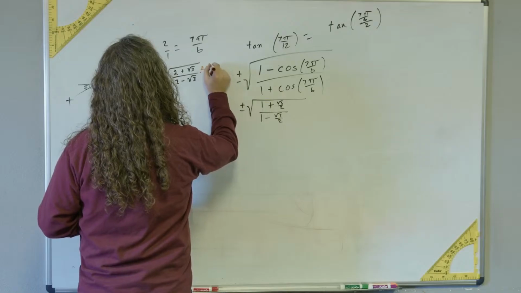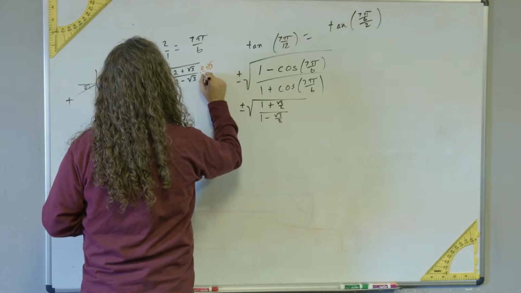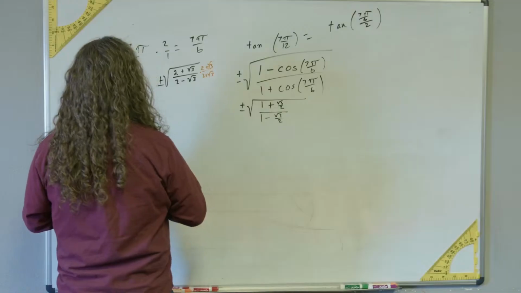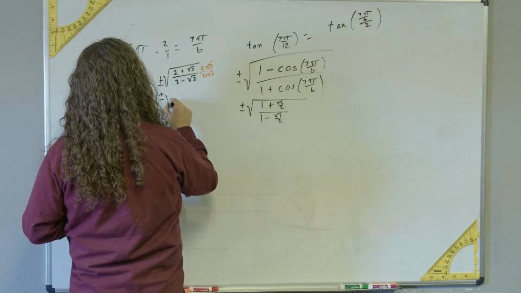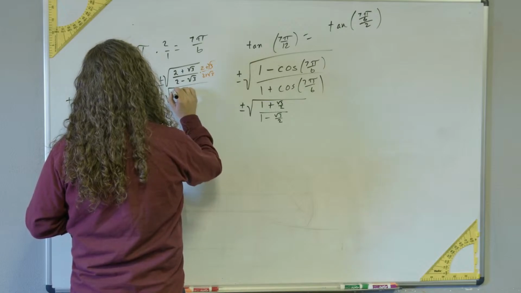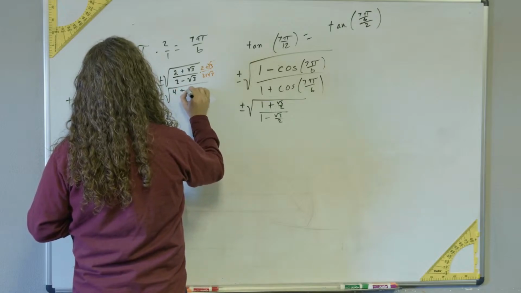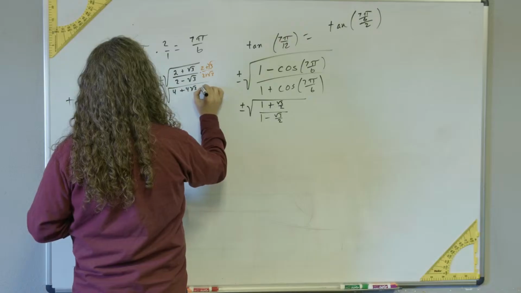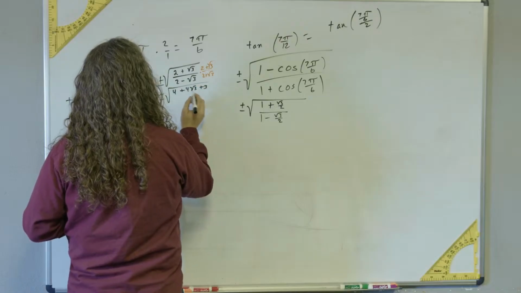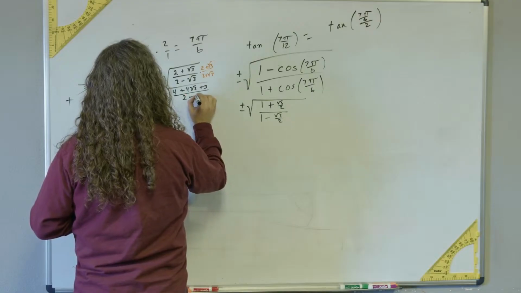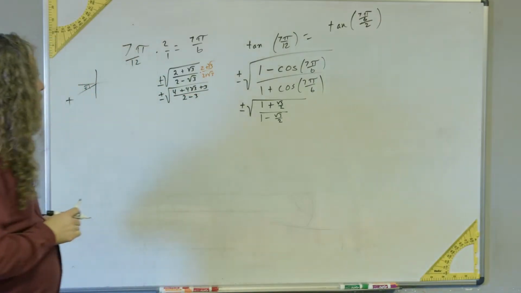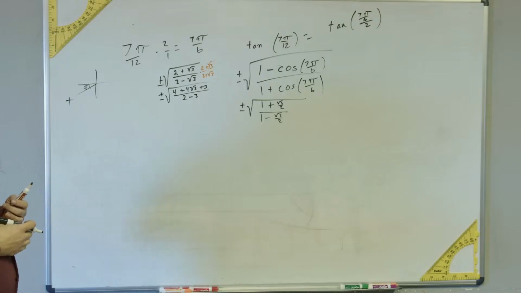2 plus 3, square root of 3 over 2 plus the square root of 3. Excuse me. Minus the square root of 4 plus 4 times the square root of 3 plus 3 over 2 minus 3, right? 2 minus 3 is -1.